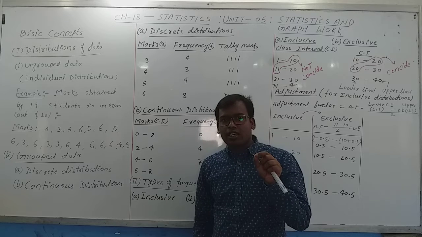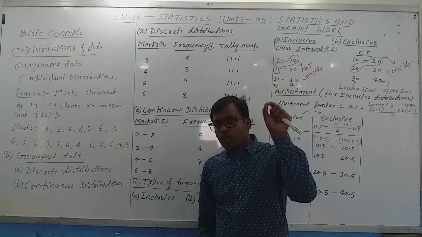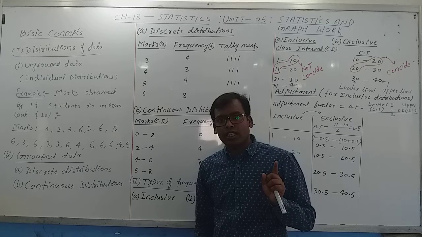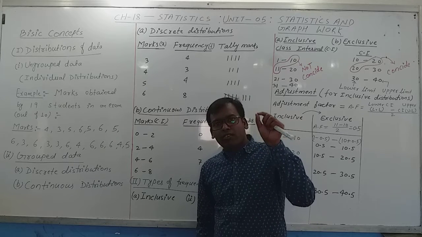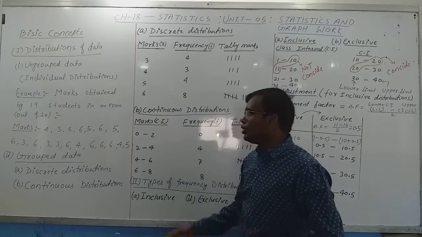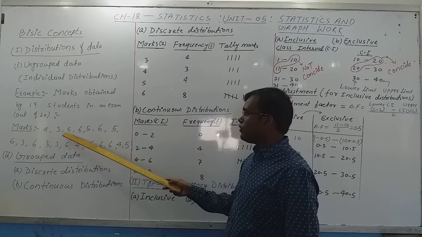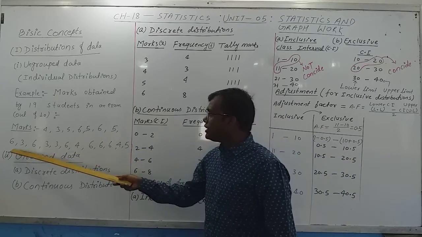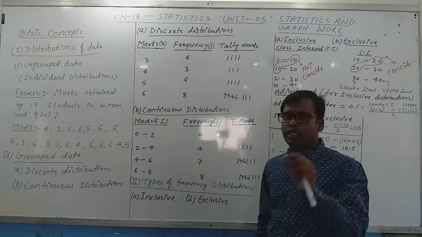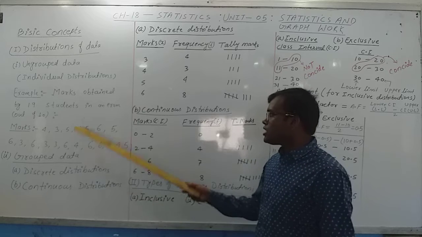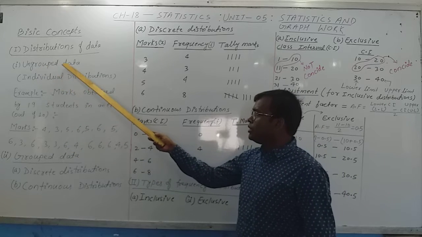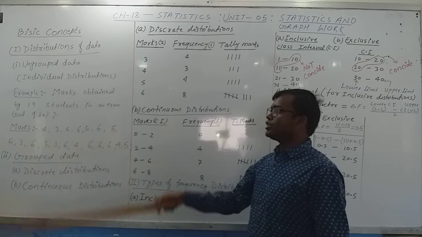If I am asking one by one your marks obtained out of 10, and that marks I have collected over here. So here it is 4, 3, 5, 6, 5, 6, 5, and all these are the marks obtained by the 19 students. So this information is known as ungrouped data or individual distributions.